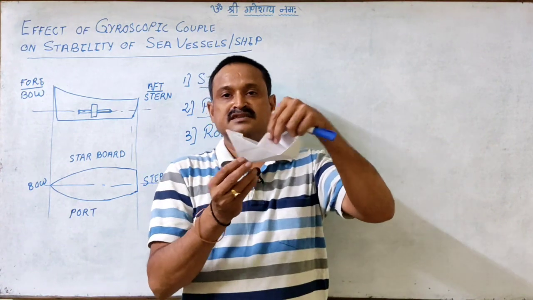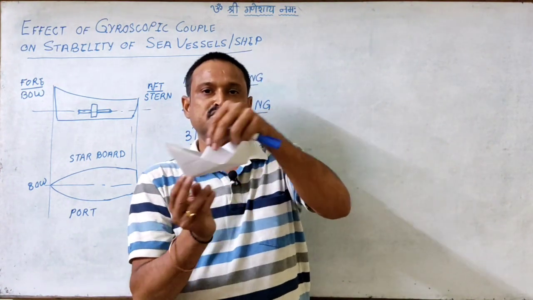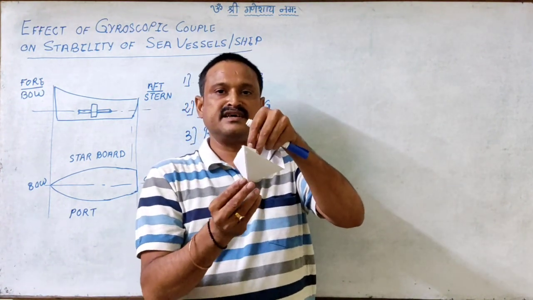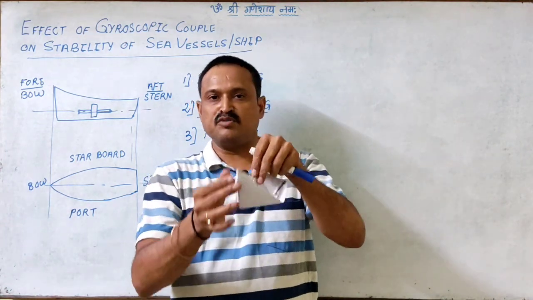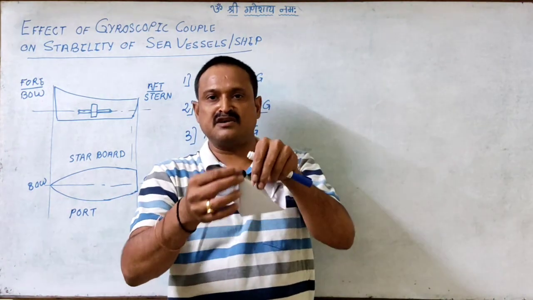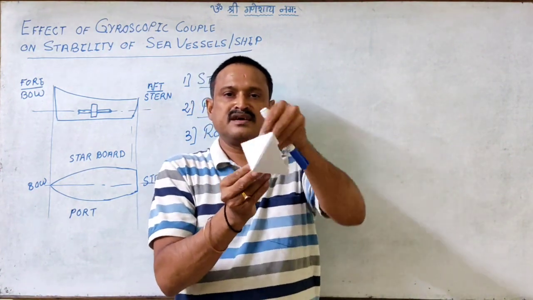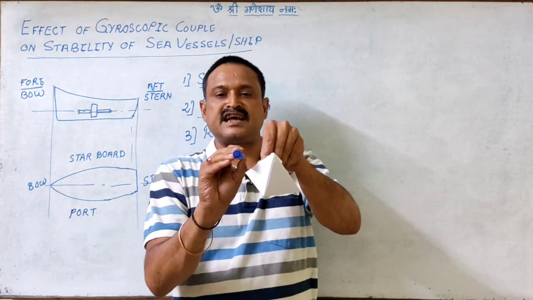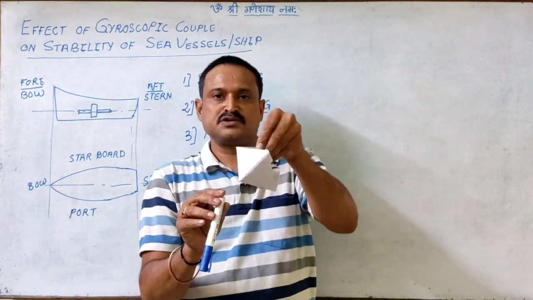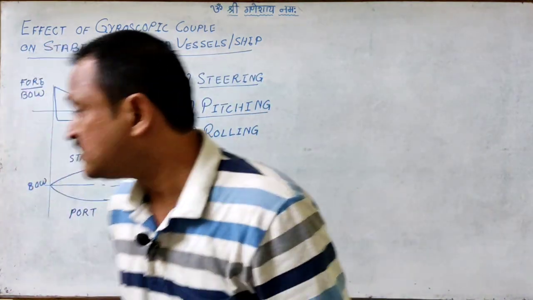We have seen steering, that is turning to the left or to the right. Then we have seen pitching, when the bow is raising and falling down. And the third condition is when the boat or ship is turning about its lateral axis. This condition is called rolling.